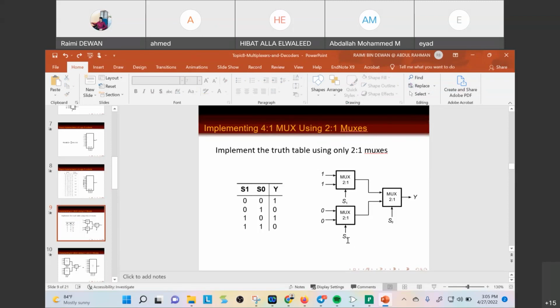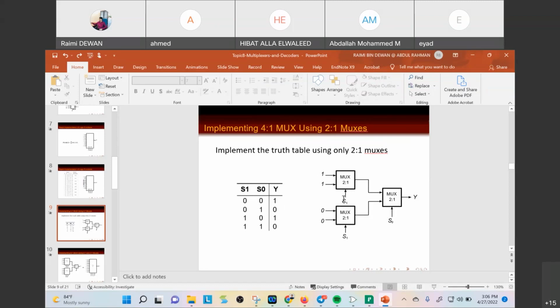So here, this is the selector. You have 2 selectors, S0 and S1. So you have 00, 01, 10, 11, and then you have the possible output. You see the mux here, the multiplexer.